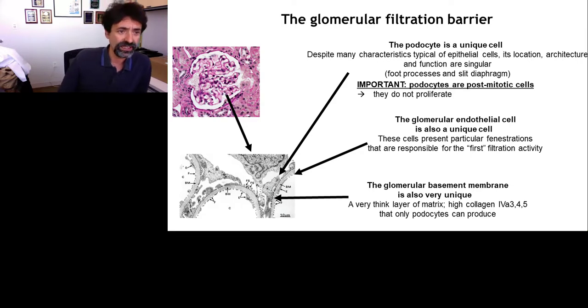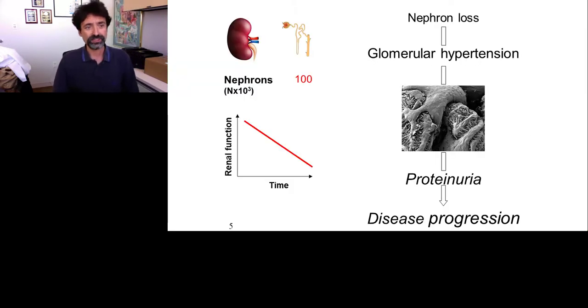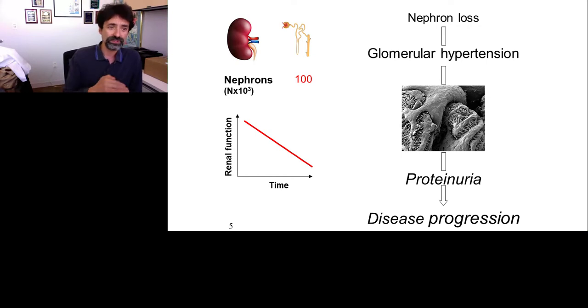As we said, we're born with about 1 million nephrons, and over time, patients that develop chronic kidney disease have a progressive reduction of these nephrons, up to a certain extent that requires renal replacement therapy, either by dialysis or by transplant.